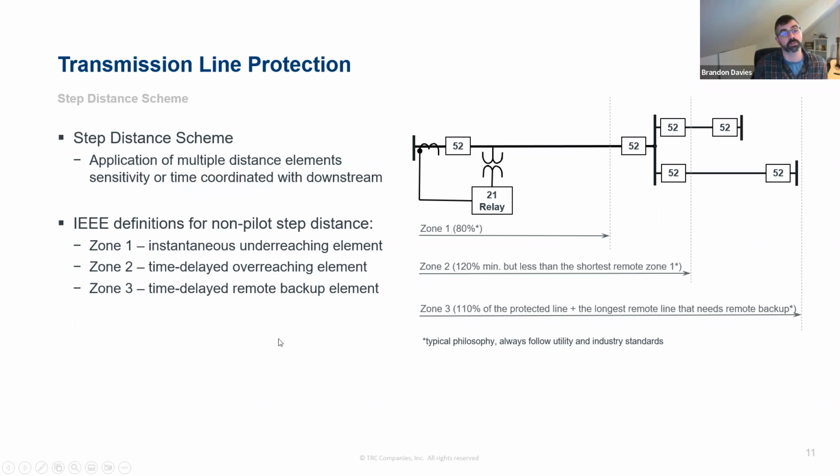We turn them into what's called a step distance scheme, which is used to provide full fault coverage for the line, as well as coordination with the other surrounding protection by using time delay on the elements that will see faults past the end of the line. So any of these overreaching elements.